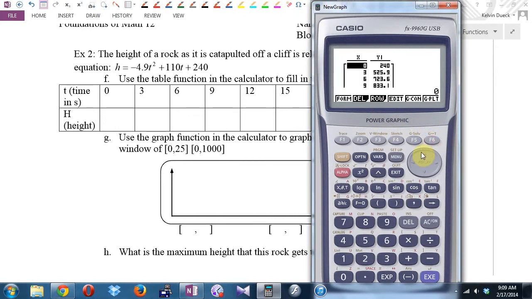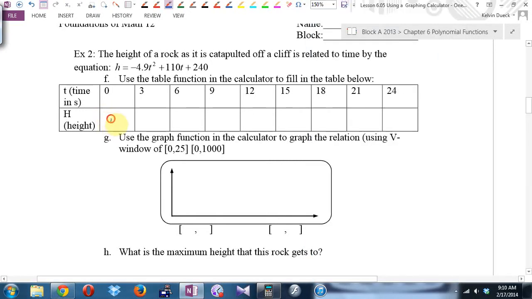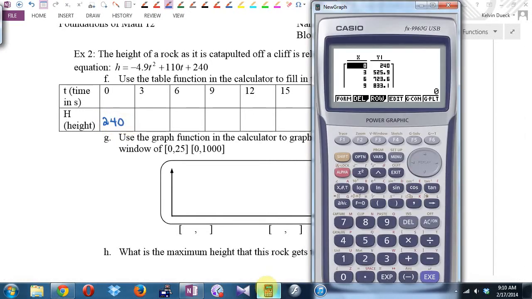So it looks like at time 0, how high are we? Those of you that are in physics, we would call this D0 or X0, position 0. This is your initial displacement. 240. After 3 seconds, how high are we? 525.9.